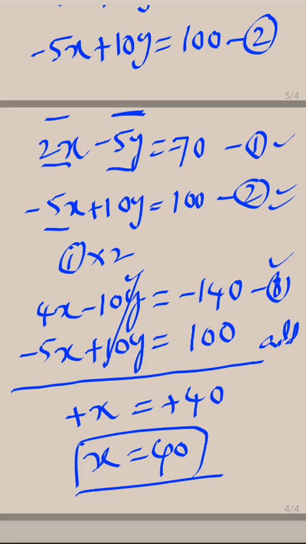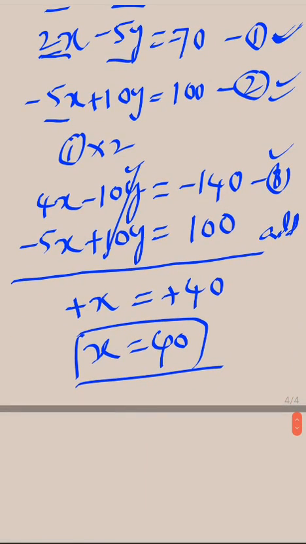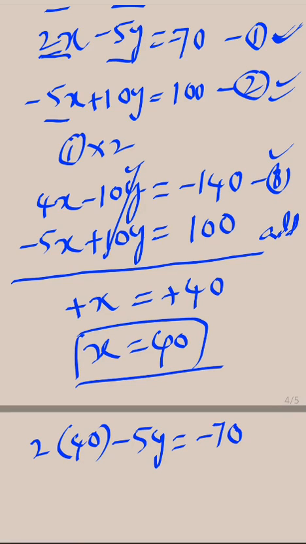Now after getting either the x value or the y value, we substitute this value in any one of the equations, either the first one, or the second one, or the third one also, no problem. So here I'll substitute in the first equation, because in the first equation all the coefficients and numbers are smaller, that's the reason. If I substitute 2 into 40 in the place of x, 2 40s are 80, minus 5y is equal to minus 70.